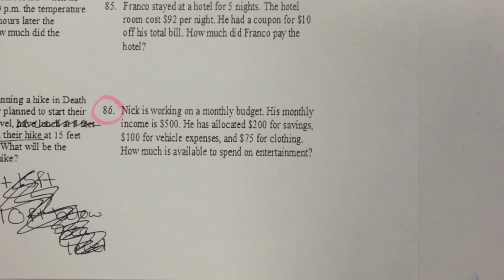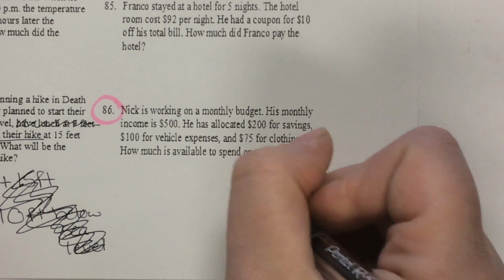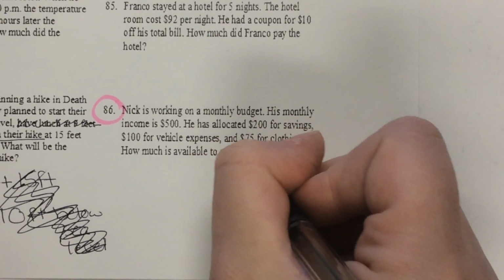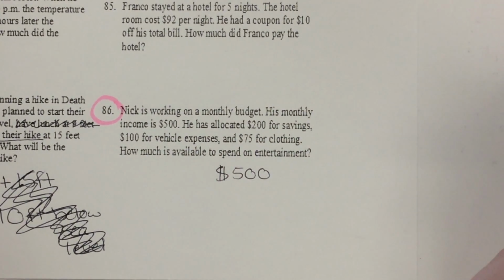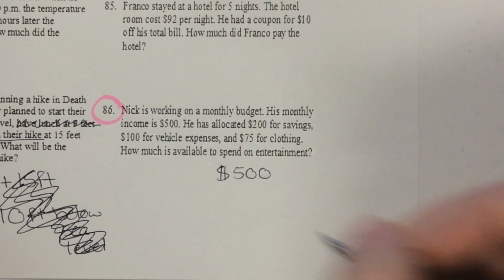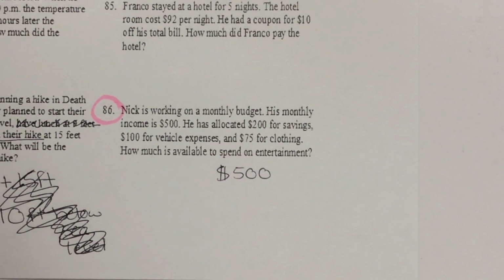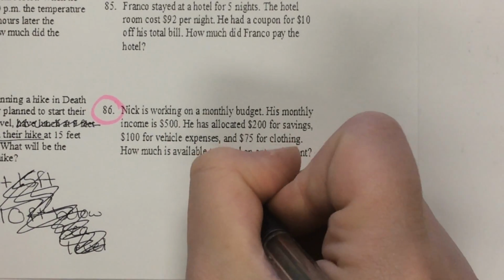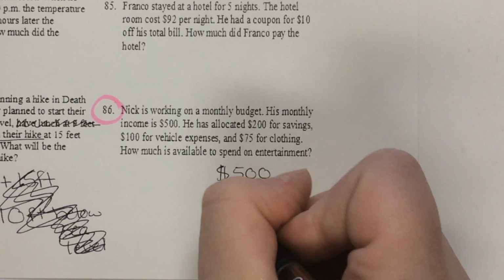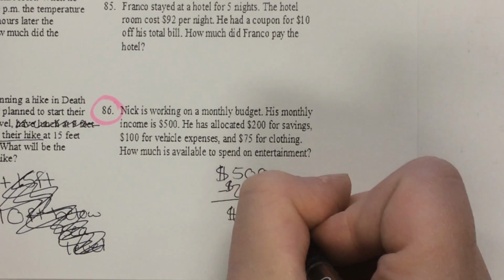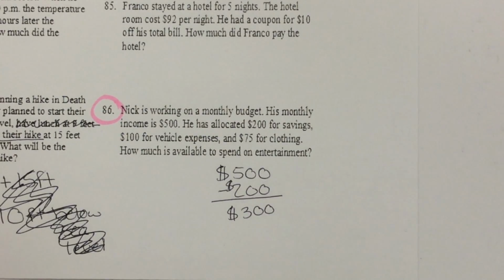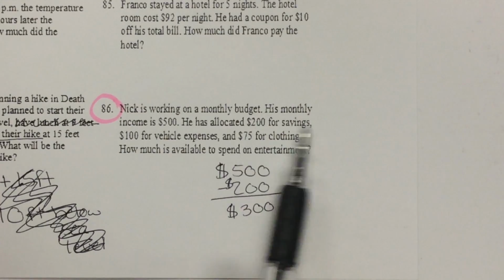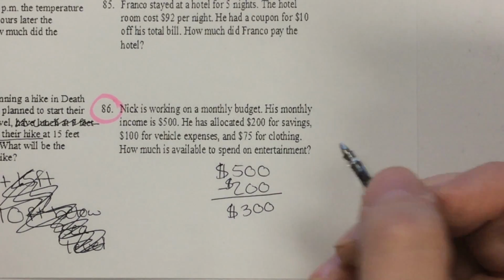So just like our previous example with Betty, Nick's monthly budget is $500. He allows himself $200 for savings, so he's going to put $200 of this money into a savings account, so subtract $200, and that's going to give us $300. You'll notice that this time I'm taking this problem one step at a time as opposed to the previous example. Okay, $100 for vehicle expenses.